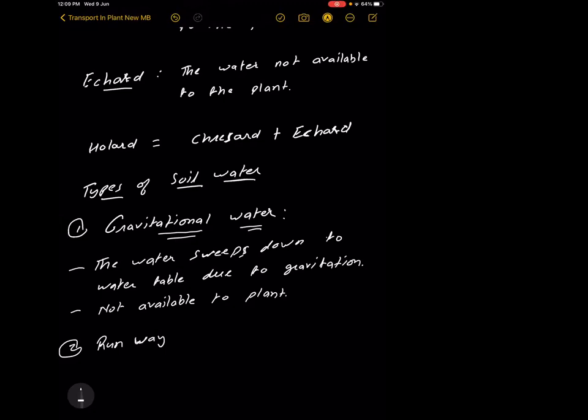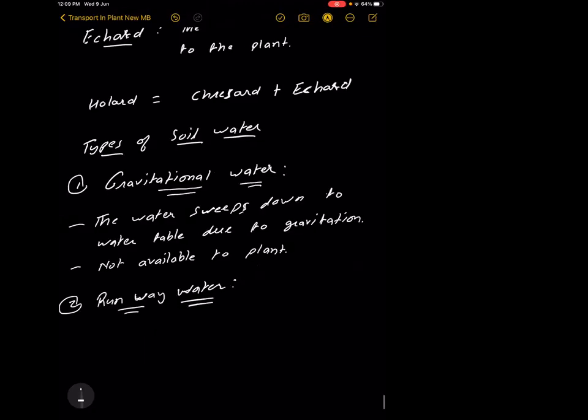After rainfall or any irrigation, it is not compulsory that if you water the plant, all the water is absorbed by the plant. Most of the water drains away along with the slopes or whatever the physical condition of the soil.